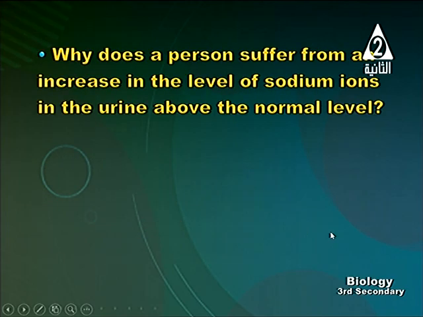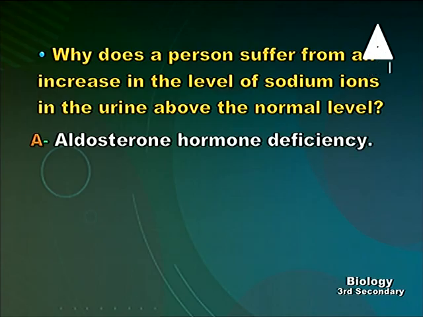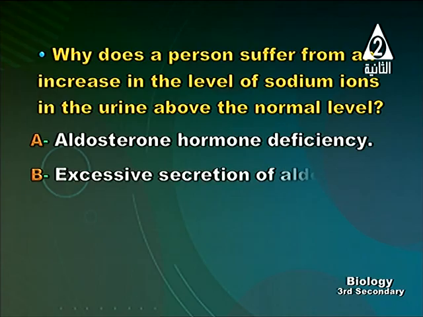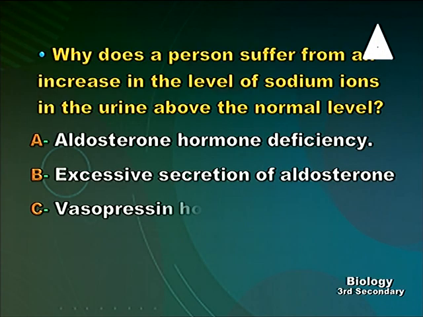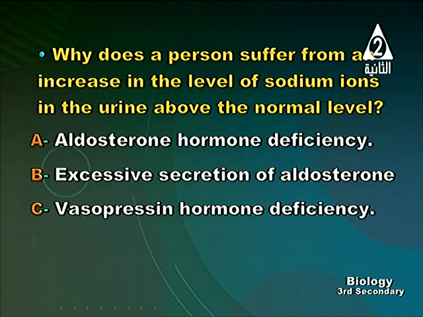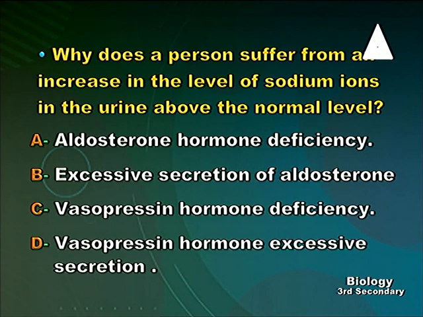Why does a person suffer from an increase in the level of sodium ions in the urine above the normal? Aldosterone hormone deficiency, excessive secretion of aldosterone, vasopressin hormone deficiency, or vasopressin hormone excessive secretion. Of course, you know that the hormone responsible for regulating the amount of sodium and potassium ions in the blood and urine is aldosterone.